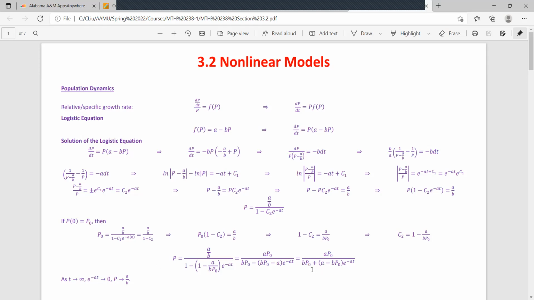Then you only have AP0 over BP0, and P0 is canceled, so P approaches A over B. That tells you the stable population in the long run. So at the end, the population will be stabilized at A over B, from this equation itself.